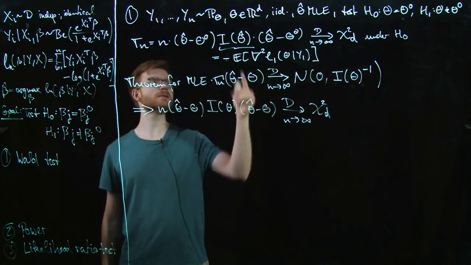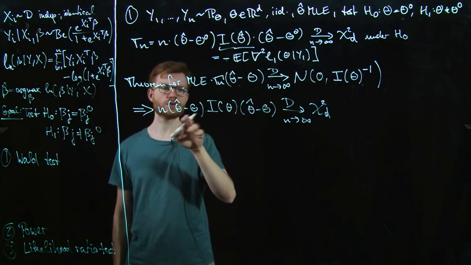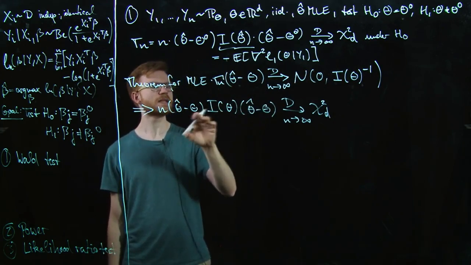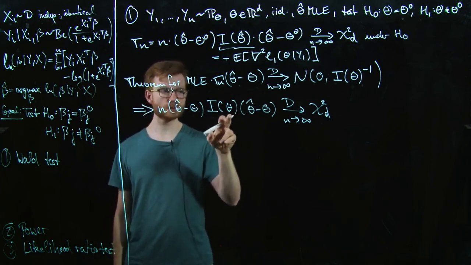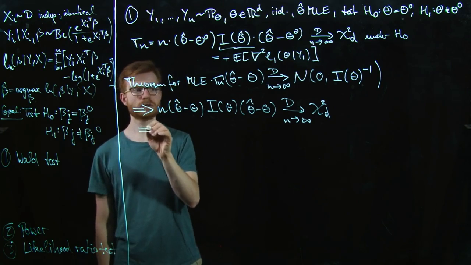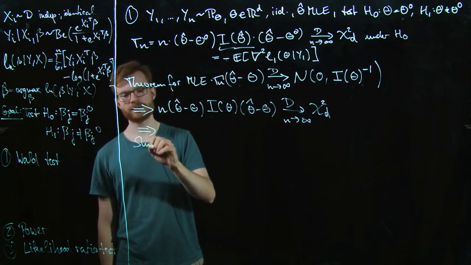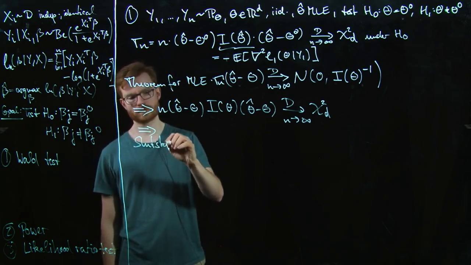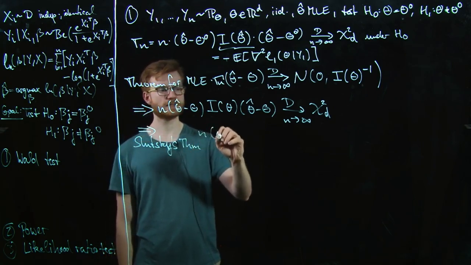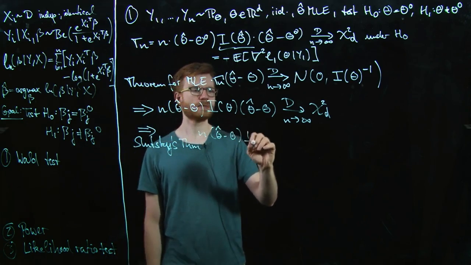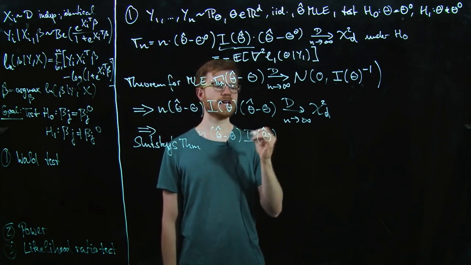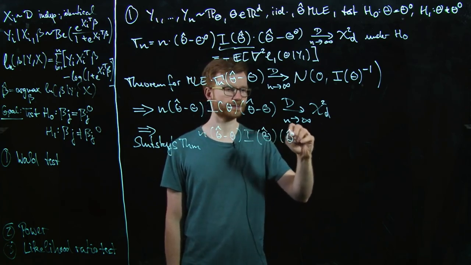Cool. And there's one problem. Theta is kind of fine. Theta I will replace for my test by theta naught. But I of theta is not so cool because I don't know the underlying theta. So by Slutsky's theorem, I can replace this asymptotically by the information at the estimator theta hat, because theta hat is consistent.